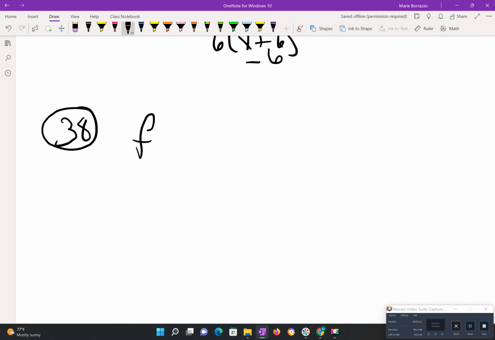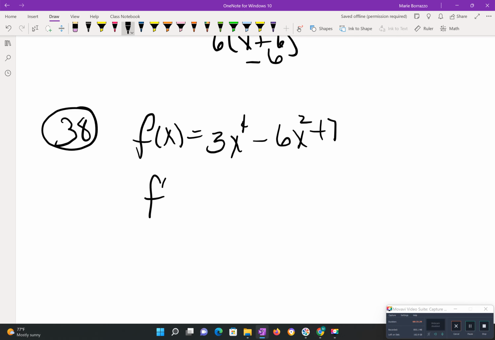38 is actually a little bit more manageable on the graph. So you start with a first derivative, or that first displacement function. They give us 3x to the fourth minus 6x squared plus 7. We take the first derivative. We're going to get 12x to the third minus 12x. The 7 cancels.